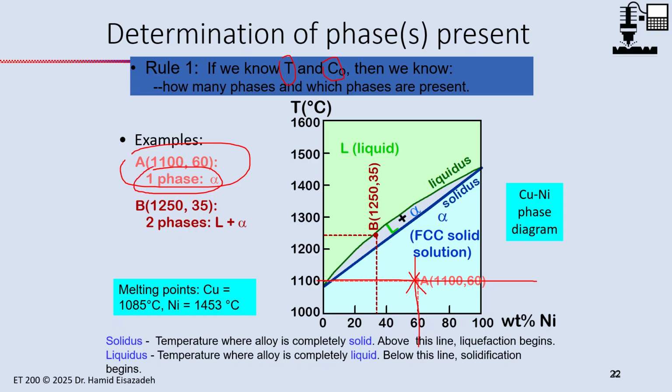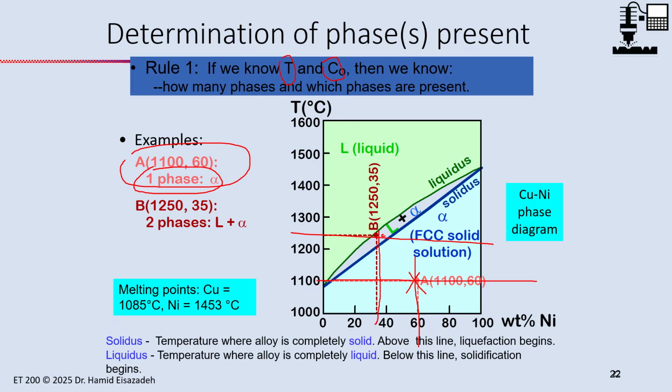This is one phase. But if we are at 1250, we draw one line, and the composition is this.